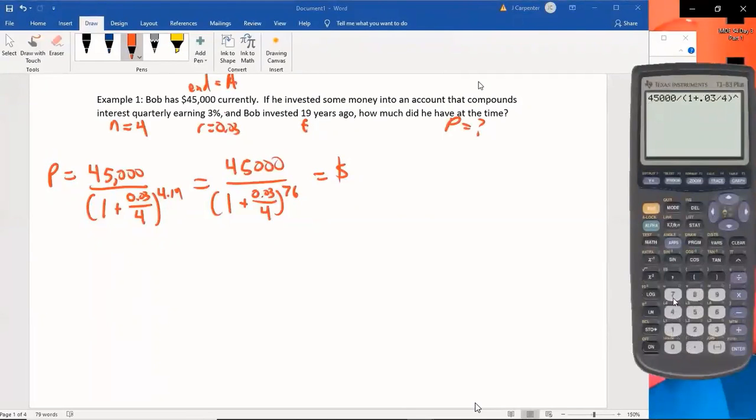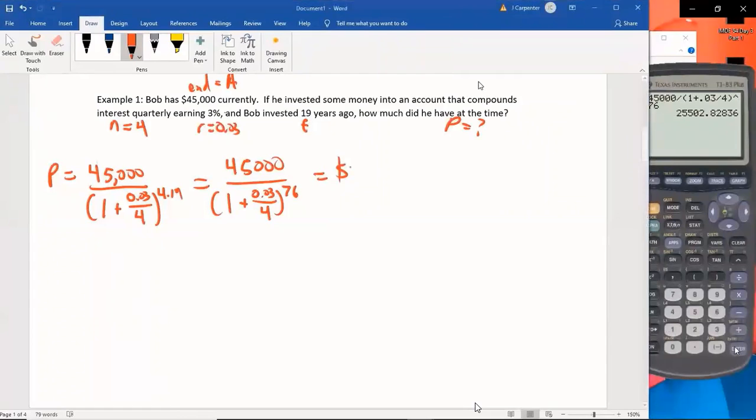Then exponent, and the exponent's a 76. Remember I said you have to pre-multiply the exponents. If you put in that 4 times 19, depending on your calculator, it's probably going to give you a wrong answer. And we end up with $25,502, and rounded to the nearest cents would be 83 cents. So that was how much he started with.